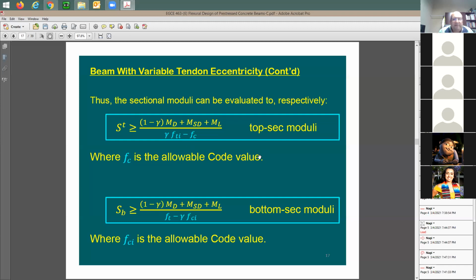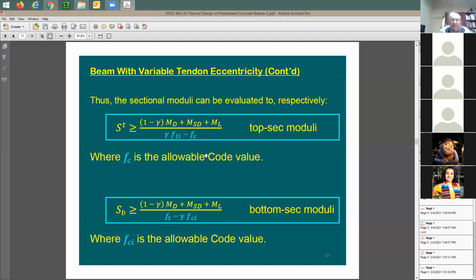So this equation relates the needed section modulus, this is going to be required or needed, based on dead load, superimposed dead load, live load, amount of losses, allowable tension at the transfer time, because we are expecting tension at the transfer time on the top of the beam, and allowable compression, because we expect some compression on the top of the beam at the surface level.